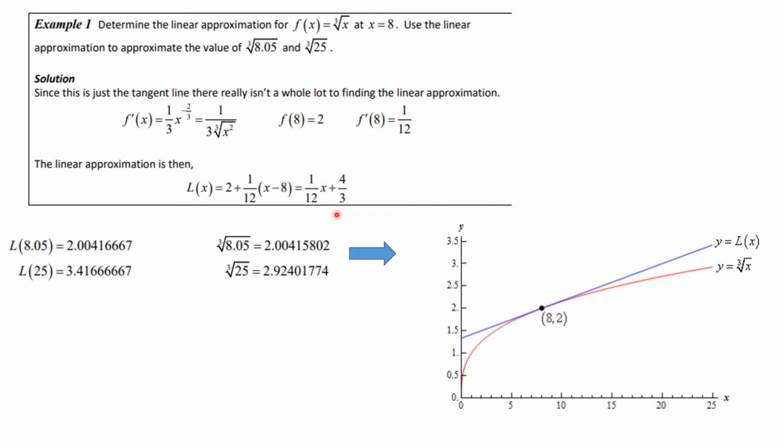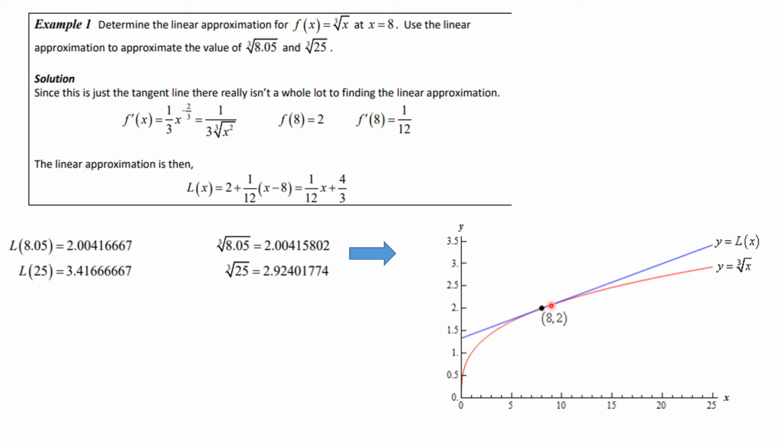Now, the second part of the problem says, let's plug in 8.05 into both L of x and the cube root of x, and you see I get almost exactly the same number. Now that shouldn't surprise you, because if I look at this curve over here, you see L of x is blue and the cube root of x is the red, and near 8, 8.05 is certainly near 8.